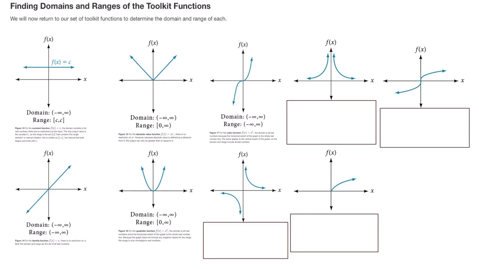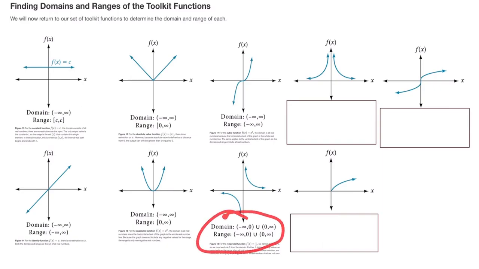And then the first row, fourth column, that's the reciprocal squared function. The domain being the very left to the very right, everything except 0. The range, the very bottom to the very top, is going to be 0 to infinity with the parentheses on the 0.